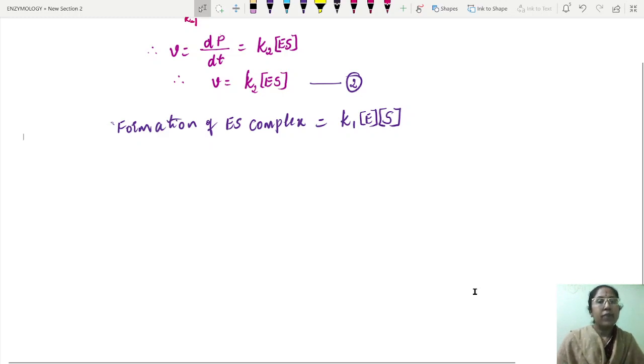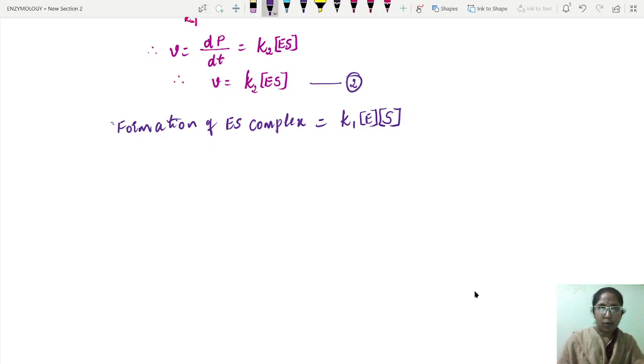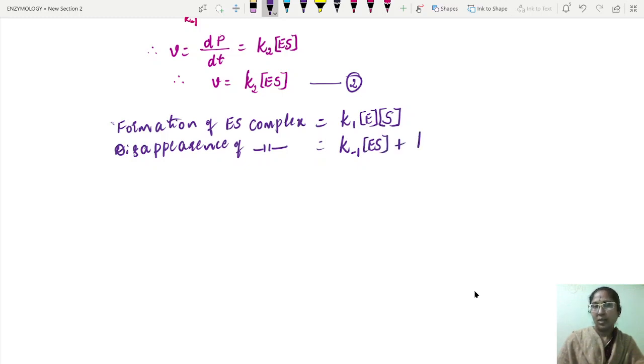Now we will consider the breakdown or disappearance. The disappearance of the ES complex is equal to K minus 1 into ES plus K2 into ES.